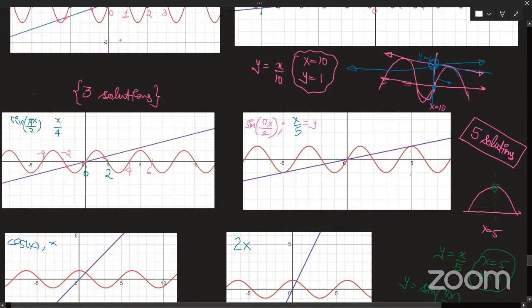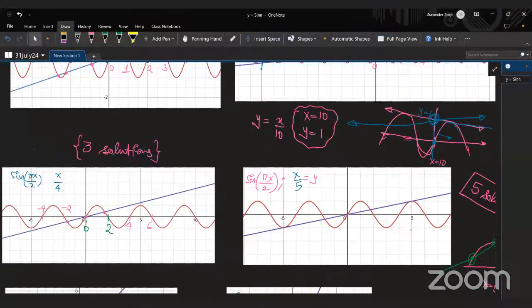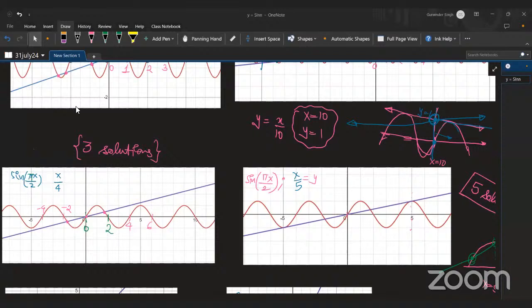At x is equal to 5, both of these curves have the value 1, so they intersect here, and my line is moving like this. That means there will be one more solution here also. It looks like a tangent, but it is not a tangent. It was sine of pi x by 2, right?